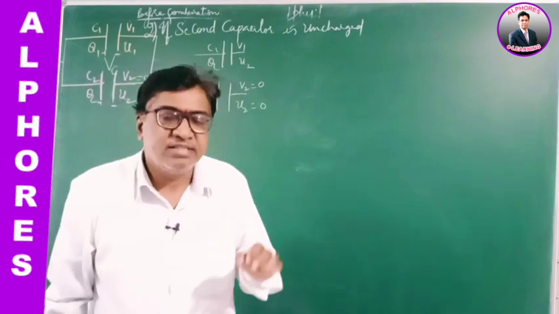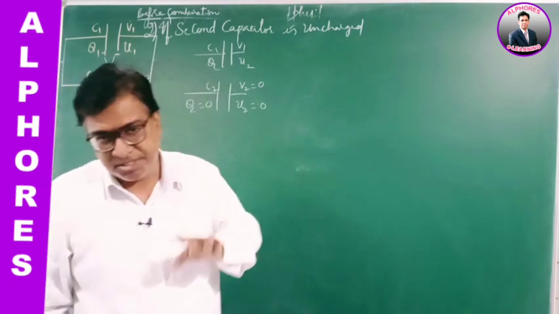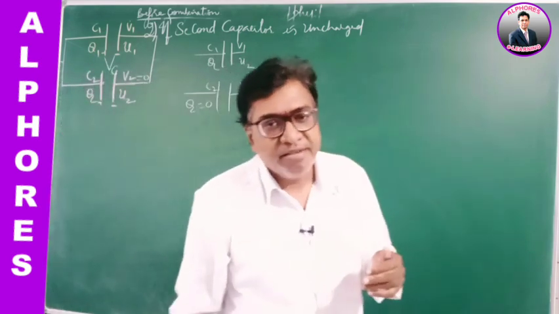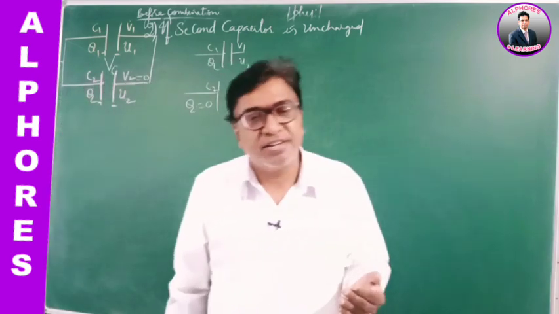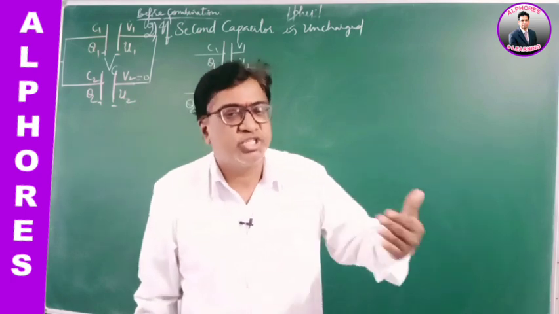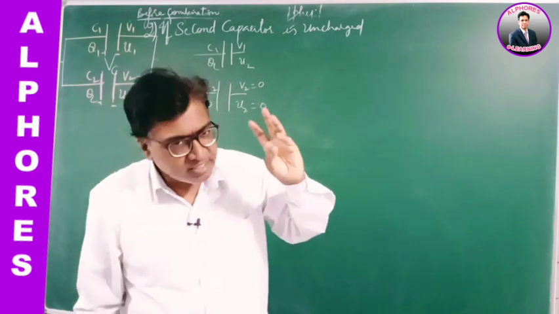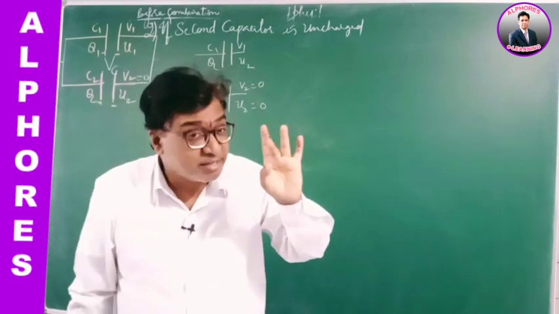This is called charging by conduction. We have learned this in the first chapter: methods of charging. Electrification is the process of giving charge to a body. There were many methods: charging by friction, by induction, by conduction.